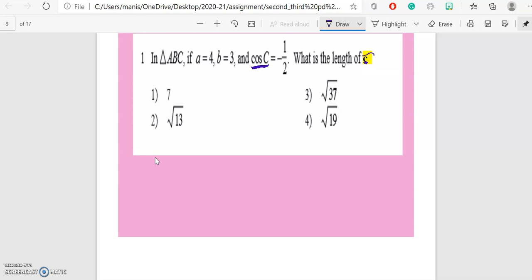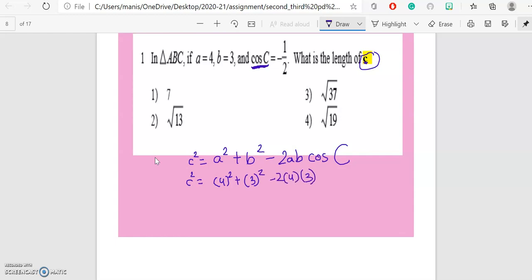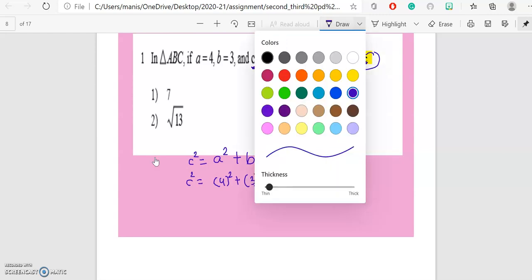Since I have to find lowercase c, I will use my formula. c squared is equal to a squared plus b squared minus 2ab cosine of c. So I will start substituting the values. This is my 4 squared plus my 3 squared minus 2 times 4 times 3. Now, as I was telling you earlier, pay attention to this part.